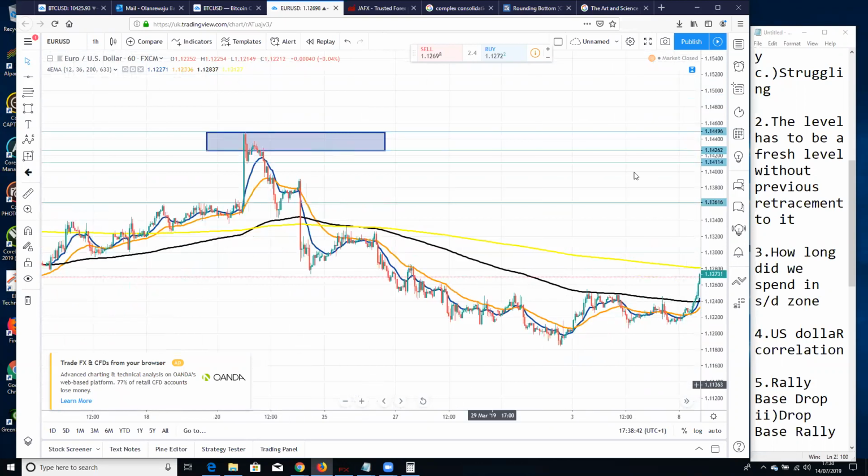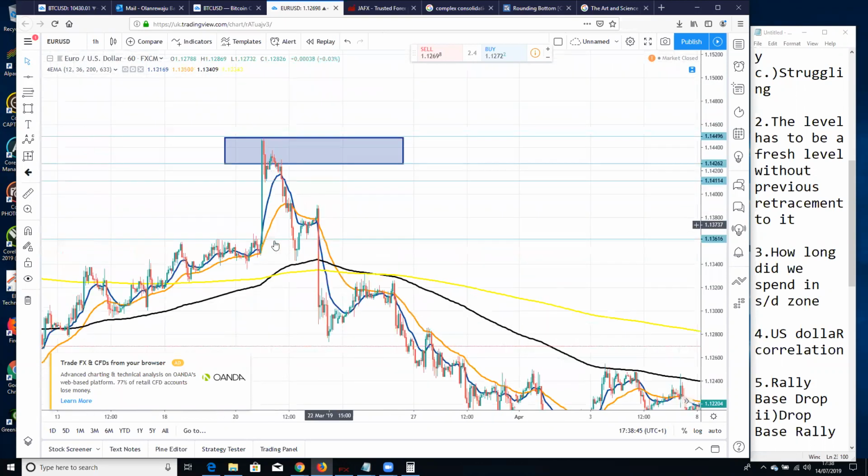You can see when we have this huge push up, price did not move swiftly away from this zone. Price tends to struggle. We have the sell-off, some buy, sell-off, buy, sell-off, buy. So we can't see that huge imbalance on this 1 hour chart.